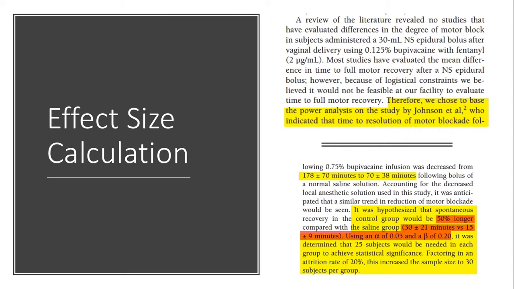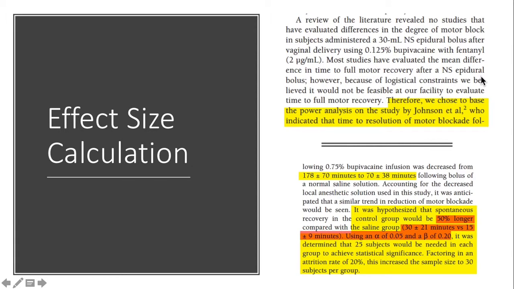Most of the studies the students had found were looking at surgical patients using much stronger, higher concentrations, like 0.5% bupivacaine. And most of the studies evaluated mean difference in time to full motor recovery.